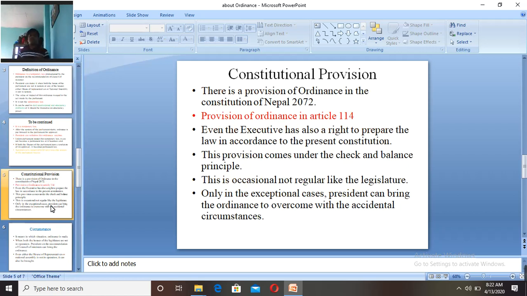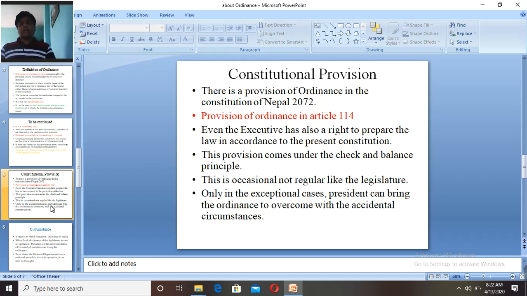There is a provision of ordinance in the Constitution of Nepal 2072, and we see ordinance in most of the democratic nations in the world. And in Nepal, in the Constitution of Nepal 2072, ordinance is included in Article 114.